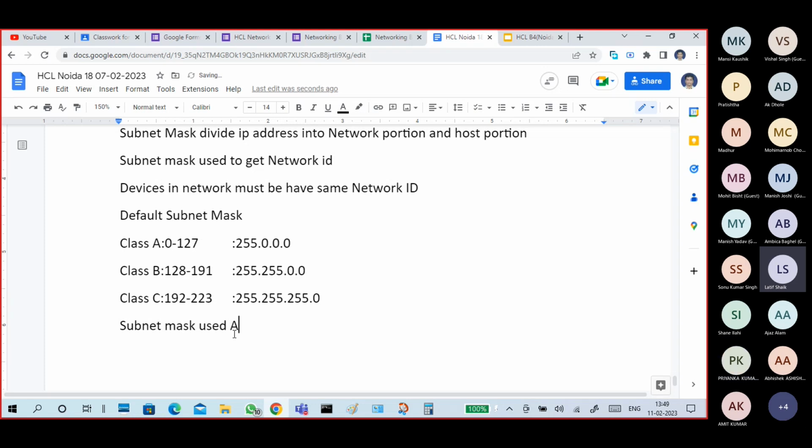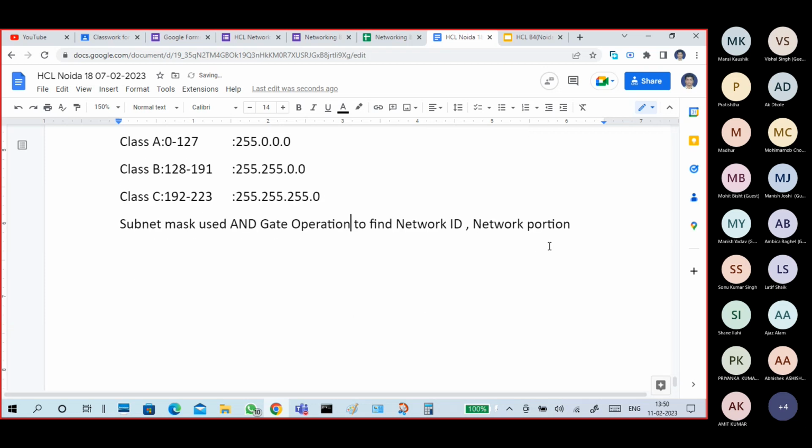Subnet mask uses an AND gate operation. This is a logical gate. There are different logical gates. It uses the AND gate operation to find the network ID or network portion. That is the first thing.